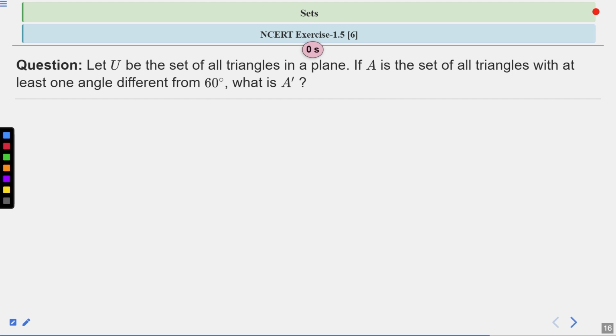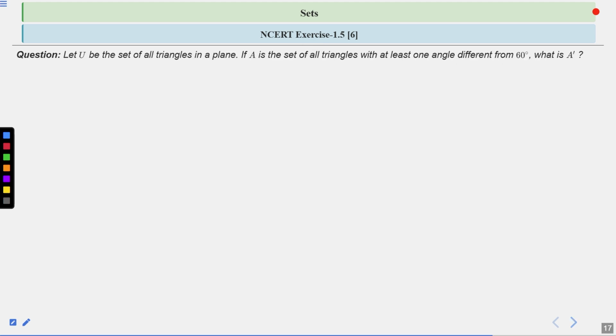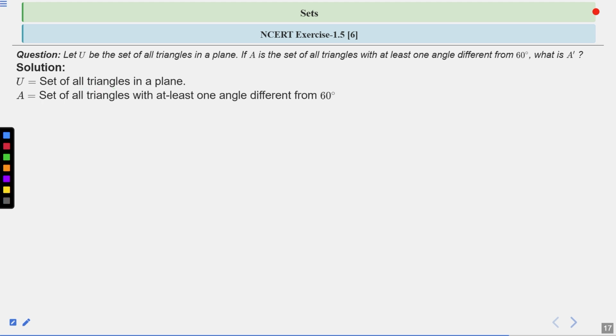The time is up. So, very simple question. Solution. You described a set of all triangles in a plane, and A is the set of all triangles with at least one angle different from 60. So in A complement, you have to collect the triangles in which all the angles are exactly 60 degrees.